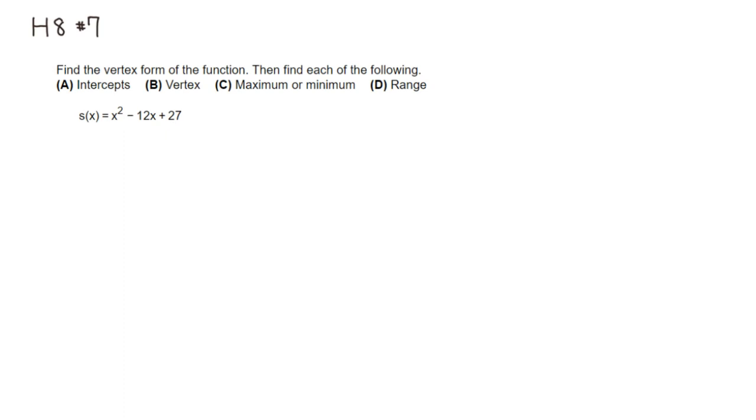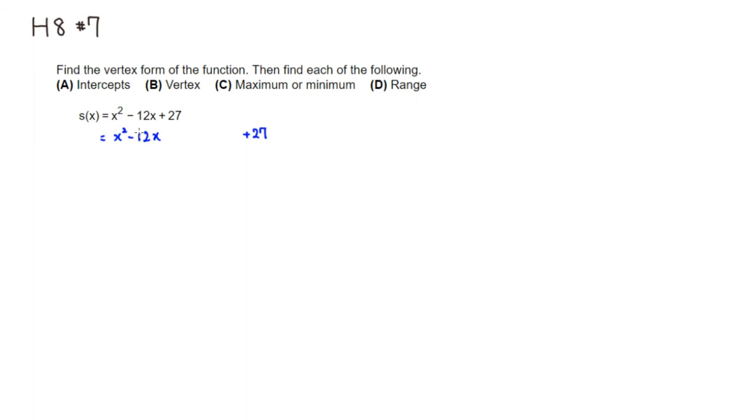First, I'm going to put the x squared and minus 12x, then plus 27, giving a little bit of space. We need to come up with a number, that third term, so that we can complete the square.